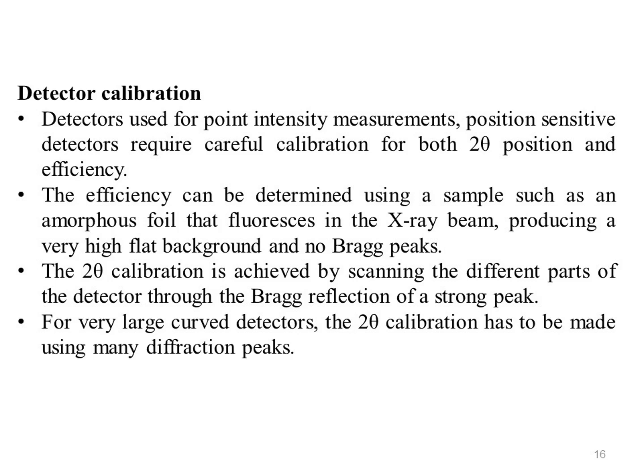The 2 theta calibration is achieved by scanning the different parts of the detector through the Bragg reflection of a strong peak, for example, the silicon 111 peak. For very large curved detectors, the 2 theta calibration has to be made using many diffraction peaks. The calibration can be checked by measuring the complete pattern of a reference material.